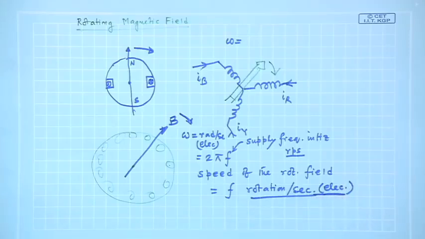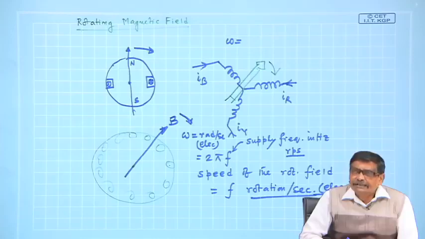Therefore, you take a 4-pole induction motor, 6-pole induction motor, 2-pole induction motor. If you say that the speed of the rotating field is 50 RPS electrical, that is same for all. Okay. Electrical speed is same for all.